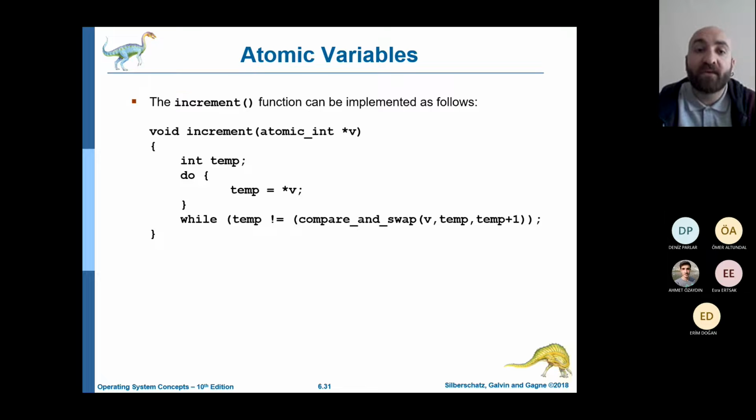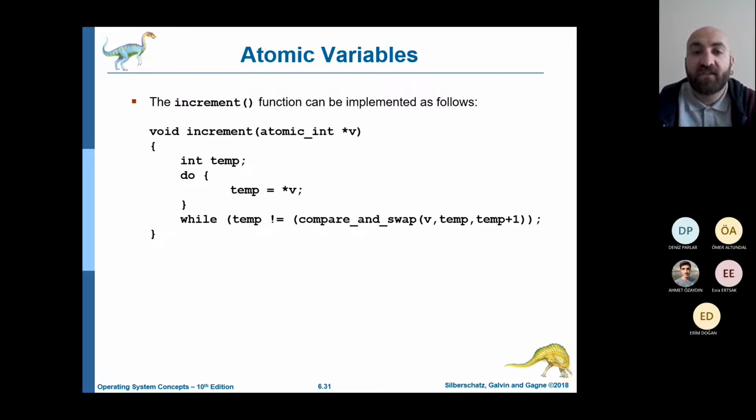It's important to note that although atomic variables provide atomic updates, they do not entirely solve the race condition in all circumstances. Atomic variables are commonly used in operating systems as well as concurrent applications, although their use is often limited to single updates of shared data such as counters and sequence generators.